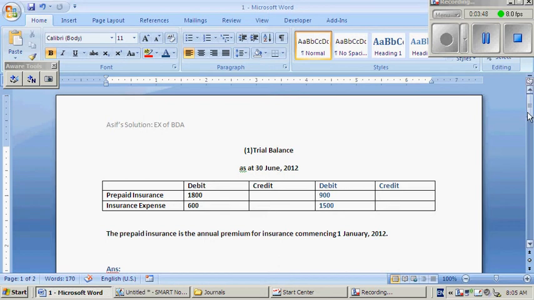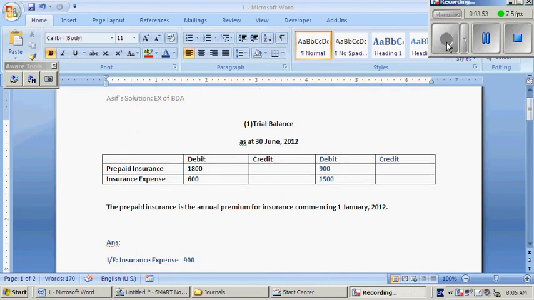The prepaid insurance is the annual premium for insurance commencing 1st January 2012. Remember, gone cases are expenses, but those which will give you benefit in future are not gone cases. Benefit in prepaid expense means you don't have to pay in future. Gone case means just gone, don't have to think about it. But prepaid expenses means in future you don't have to pay anyway.